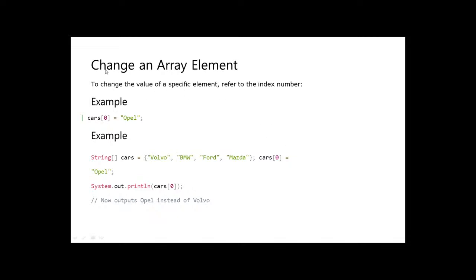Now, how do we change the elements? To change the values of a specific element, we refer to the index number. So, for example, we have the same declaration. String cars: Volvo, BMW, Ford, and Mazda.